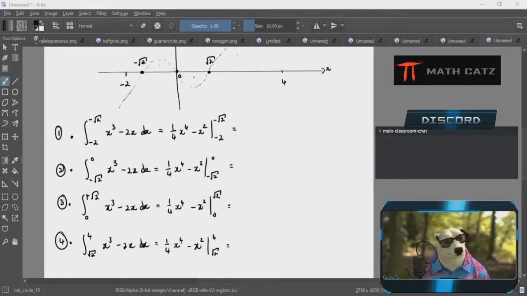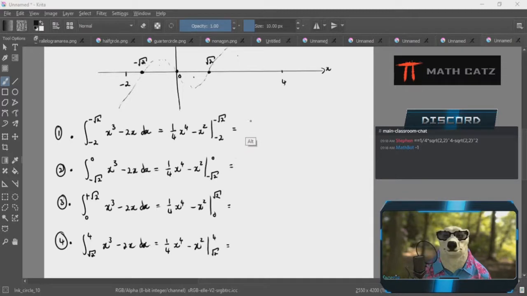So the first one, maybe we'll just calculate one of them. It's quite tedious and we're running out of time.